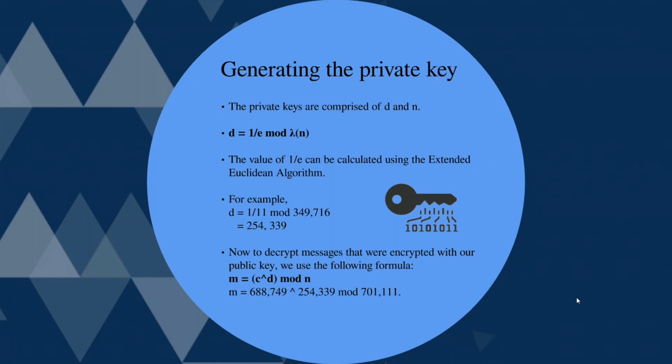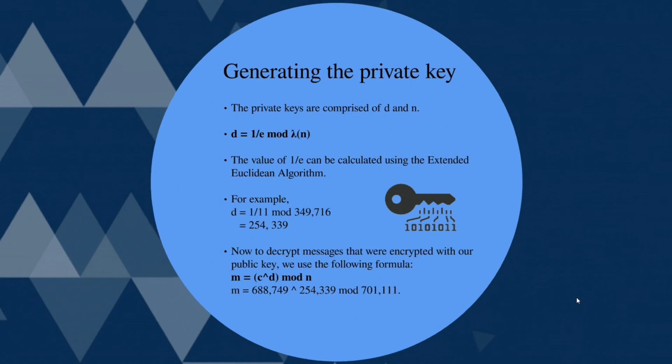So we can calculate the value of D. Finally, we put all the values to decrypt messages that were encrypted with our public key in the formula M equal to C to the power D mod N.